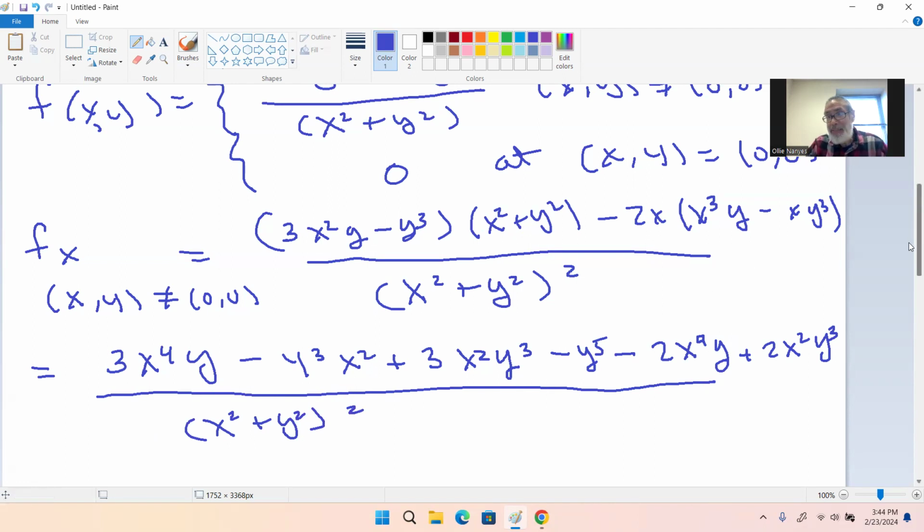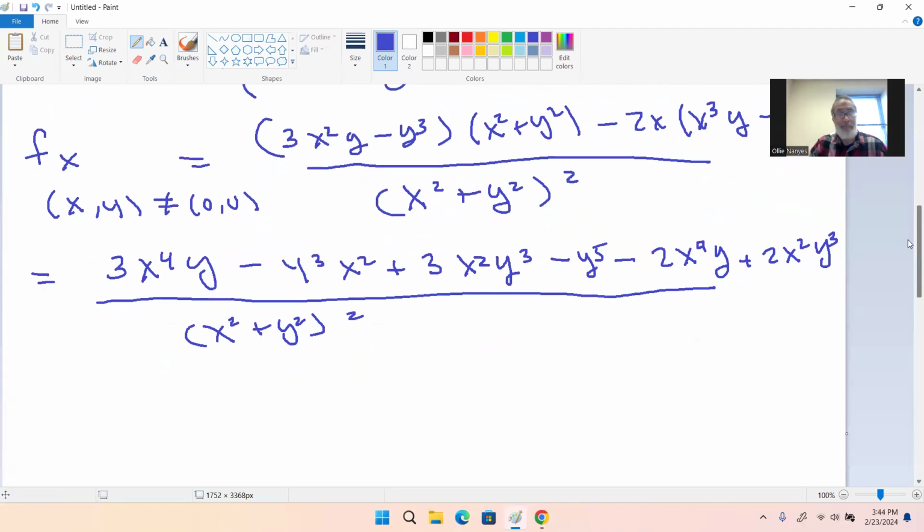And then we can consolidate some terms here. We have 3 minus 2, so this is equal to x fourth y.